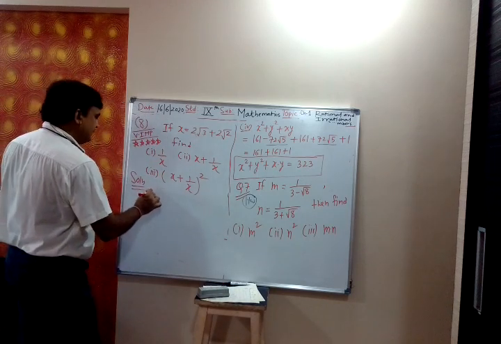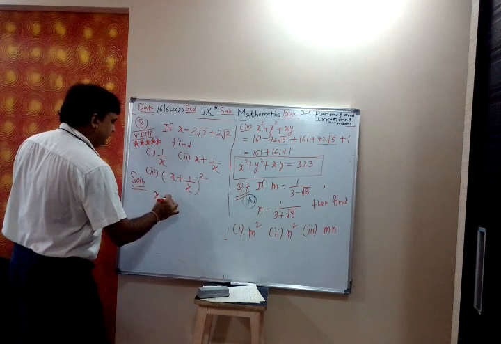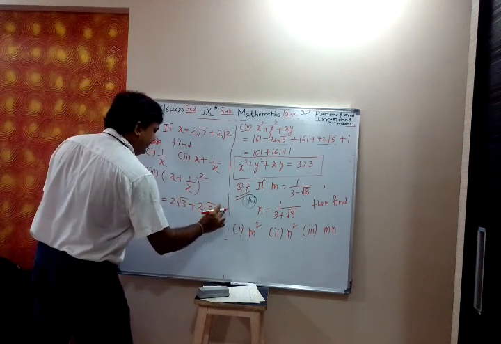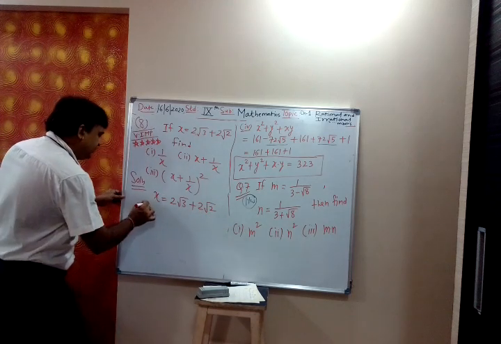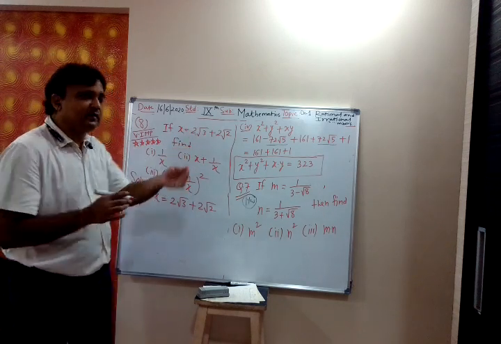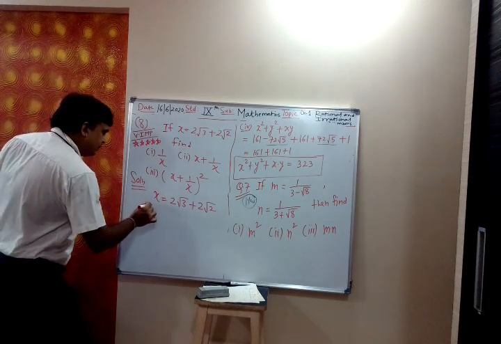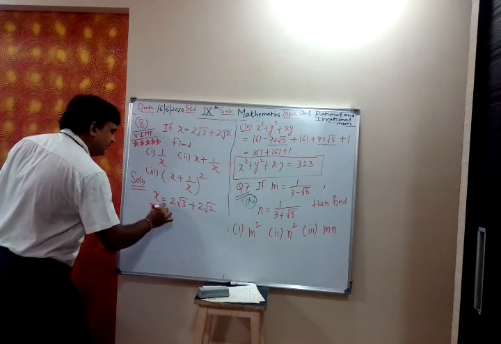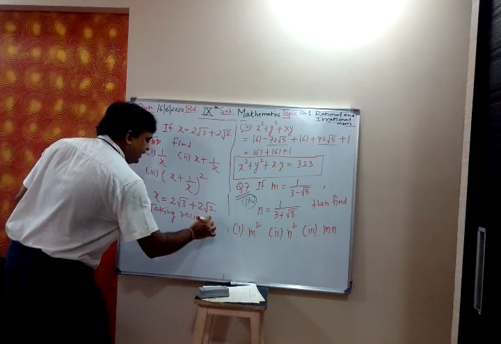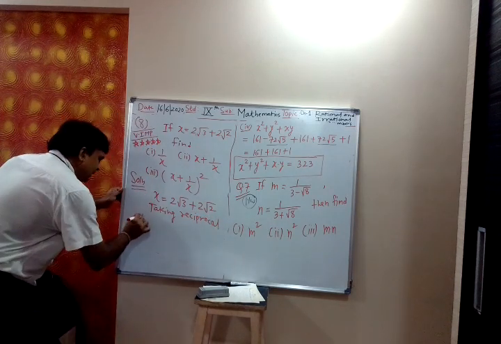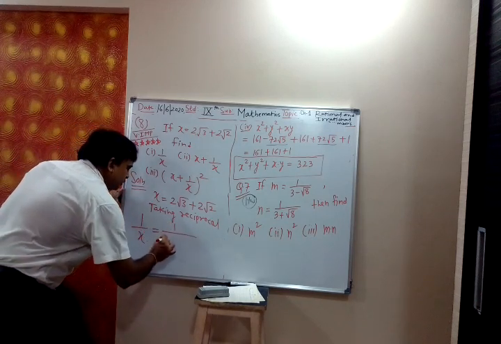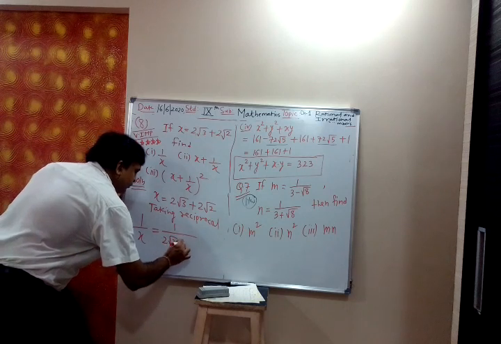So we are given x as 2 root 3 plus 2 root 2. Is it clear? So taking reciprocal, see here, to get 1 upon x I will take reciprocal. So taking reciprocal on both sides, 1 upon x is 1 upon 2 root 3 plus 2 root 2.